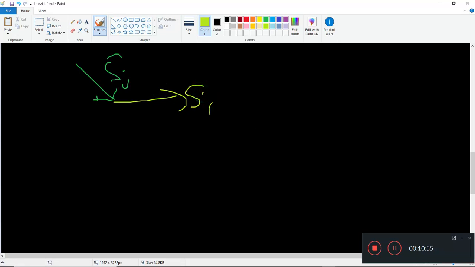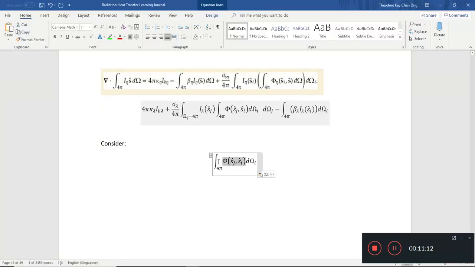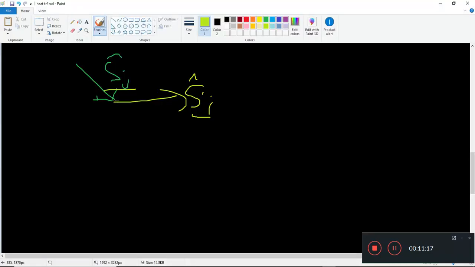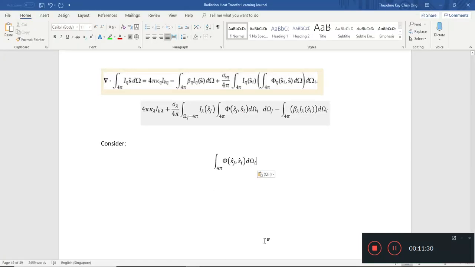Remember that the phase function is the fraction of radiation from direction j going into the specific direction I. Now this is integrating the phase function over all direction I. So what is the fraction of rays that goes from direction j into all directions? The fraction is 1, at least it's the full fraction of everything.